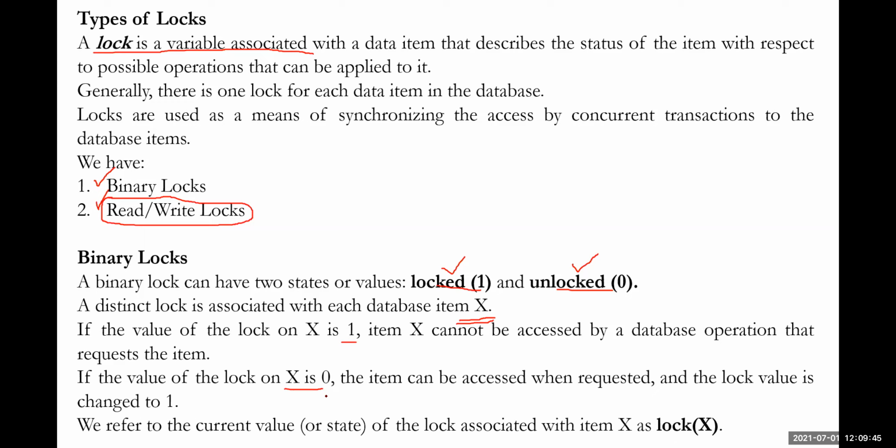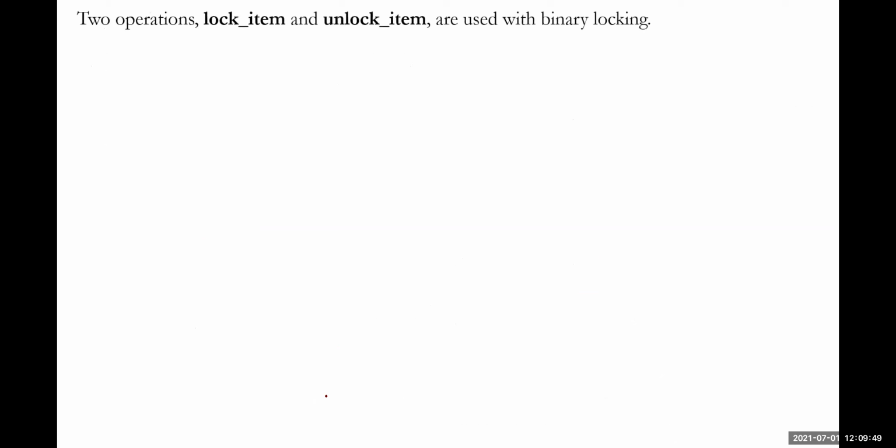So how could this be implemented? Let us have a look here. The implementation could be done using lock_item, which is used to lock the database item, and unlock_item, so that the lock is released. These are the two types of statements we have to use.